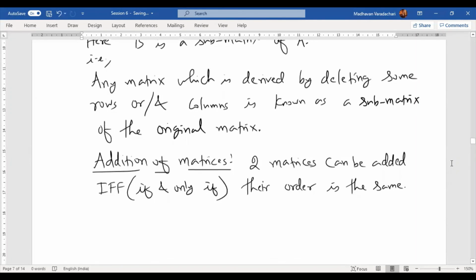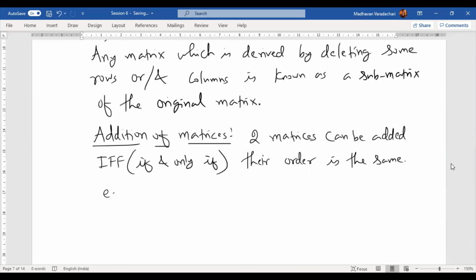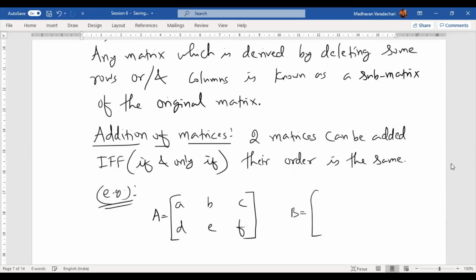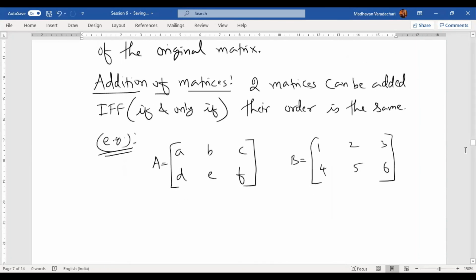Example: A, B, C, D, E, F, and let me say B is 1, 2, 3, 4, 5, 6. Both are of the same order. Here also you have 2 rows and 3 columns.